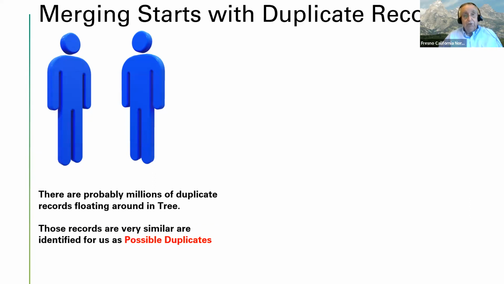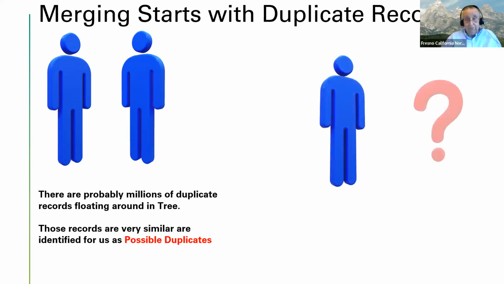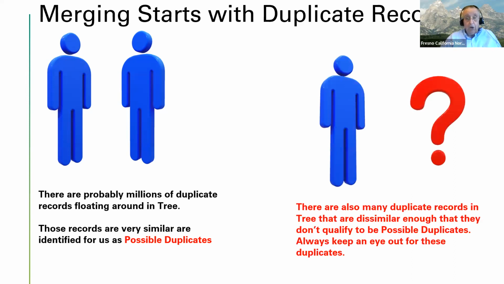If the church computers feel that there's enough similarity between two records in tree, they will call them possible duplicates. But that's really only the tip of the iceberg. What you've got to understand is there are many, many other duplicates out there represented by the question mark that are different enough that the computers won't recognize them as duplicates.